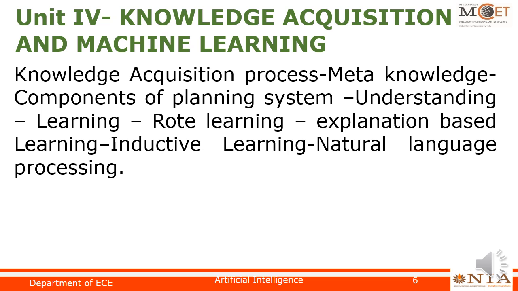Whatever task we are going to execute, initially we should have a plan to execute that particular task. Then we are going to learn about understanding, and different types of learning like supervised learning, unsupervised learning and rote learning, then explanation based learning, inductive learning, and finally how AI is used for solving natural language processing.